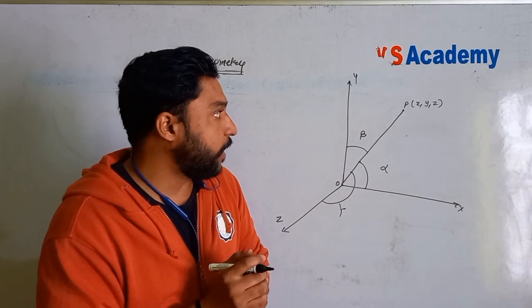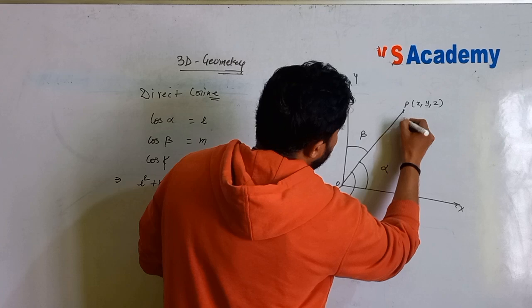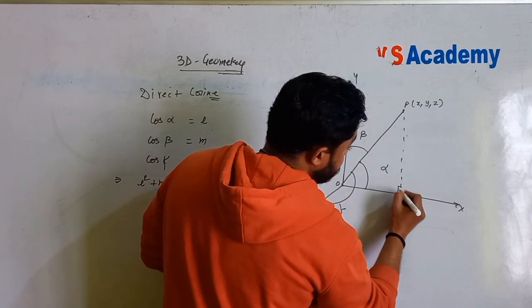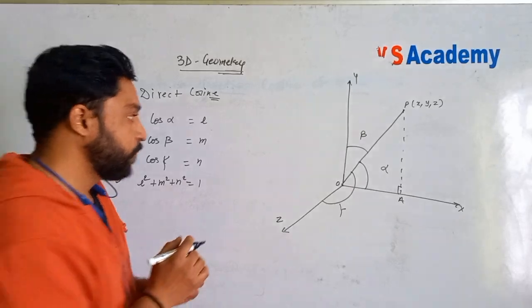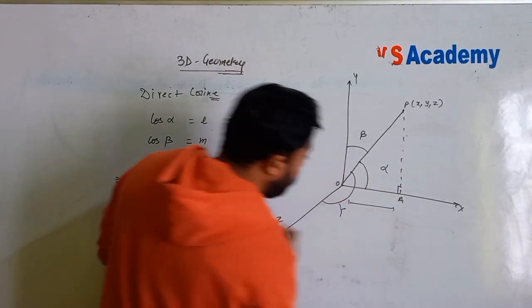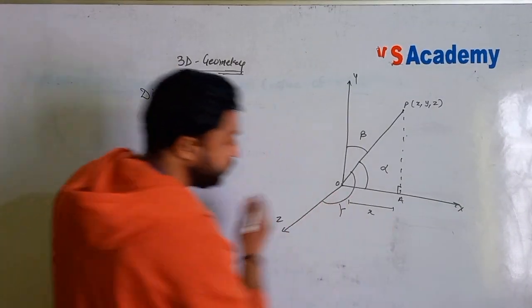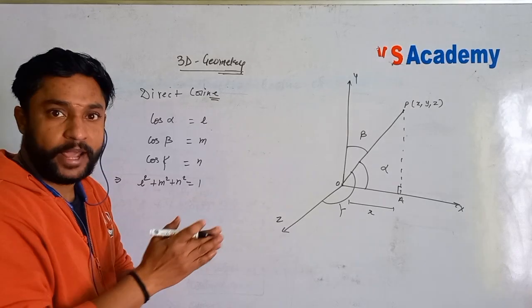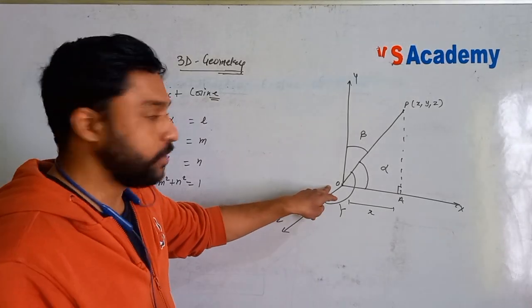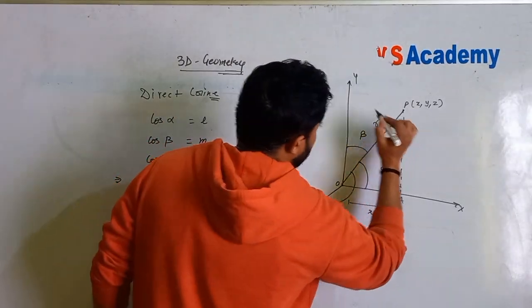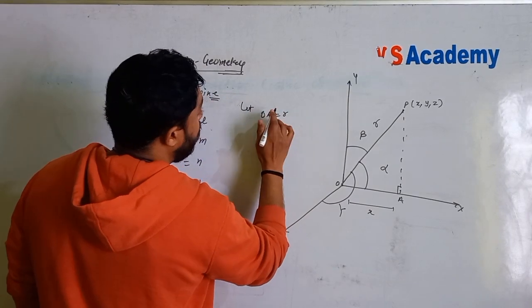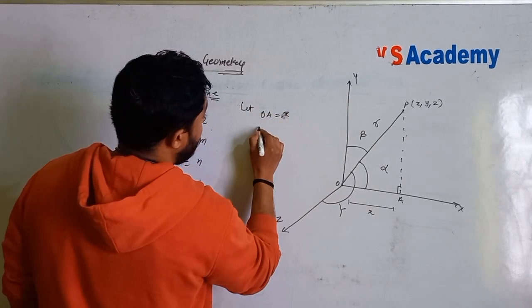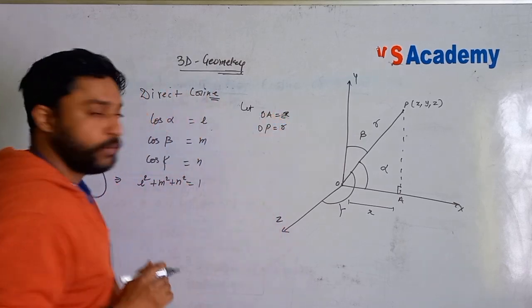You can see in the diagram, I can draw a perpendicular on the x-axis and call the foot point A, on the x-axis. The distance OA, between O and A, I can say is x. O is the origin, you can see here. And OP I can say is r. Let's assume that OA is equal to x and OP is equal to r, right?